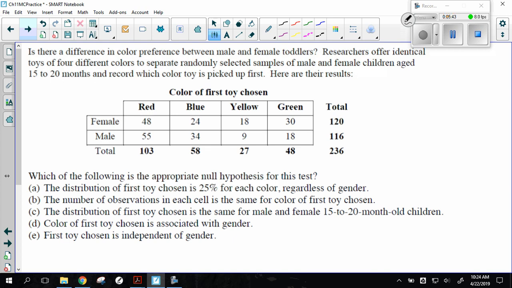The distribution of first toy chosen is the same for male and female, 15 to 20 months. I love this one because we're talking about each one of our categories, male and female, choosing color, and we've got that generalized to the population that we sampled from, 15 to 20-month-old children. So I do like this one.